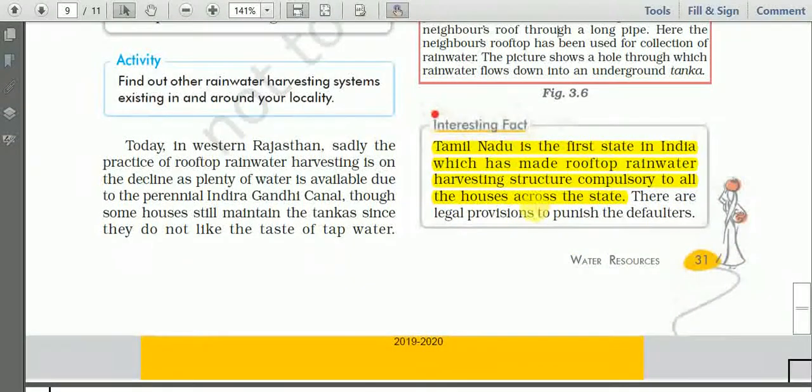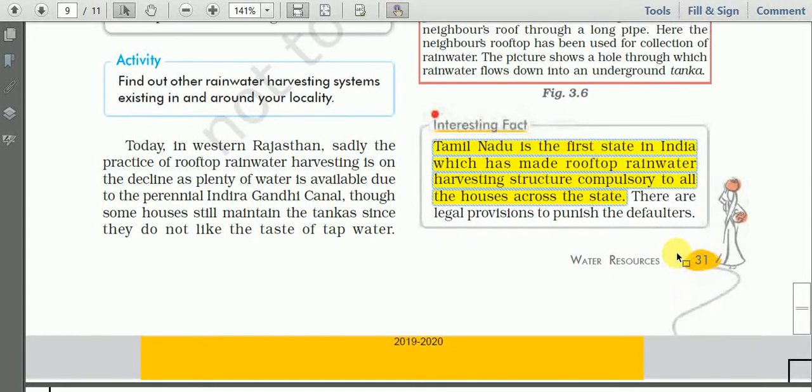Then another information here, Tamil Nadu is the first state in India which has made rooftop rainwater harvesting structure compulsory to all the houses across the state. So Tamil Nadu has a legal provision to punish those households which do not have the provision of rainwater harvesting.